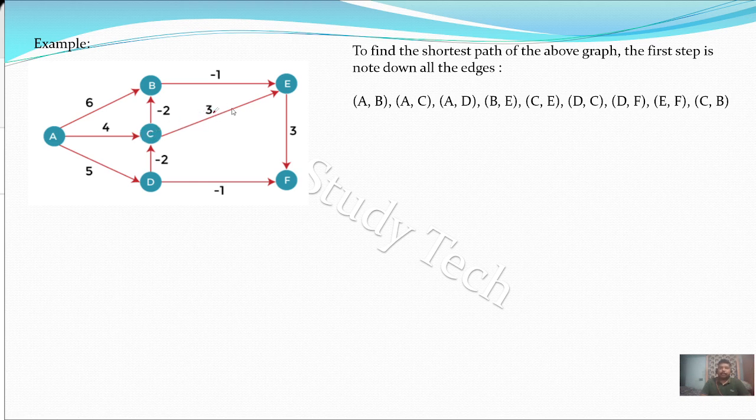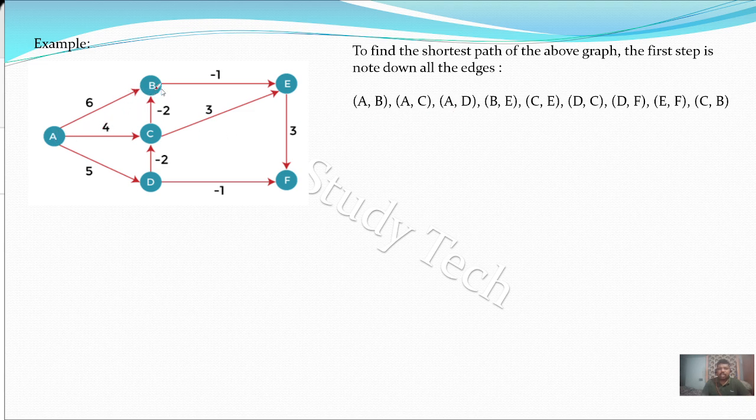The first step, to find the shortest path of the above graph, is to note down the edges. A to B, A to C, A to D, so A is completed.